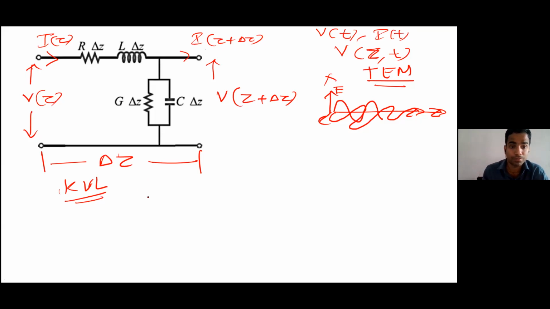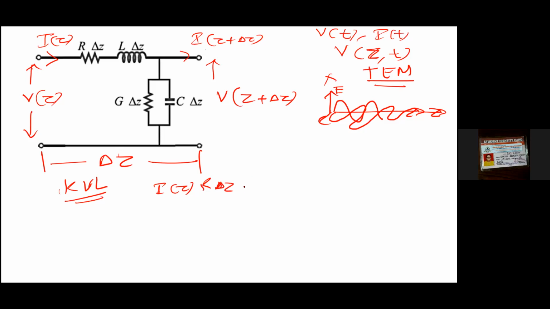I R delta Z. So we begin from this point. Okay, fine. I of Z into R delta Z. Plus. Okay, so you are assuming this to be plus. In series, I of Z L delta Z. Fine.